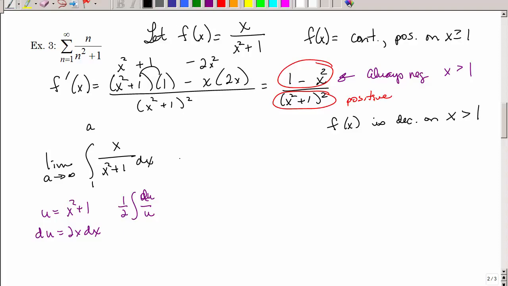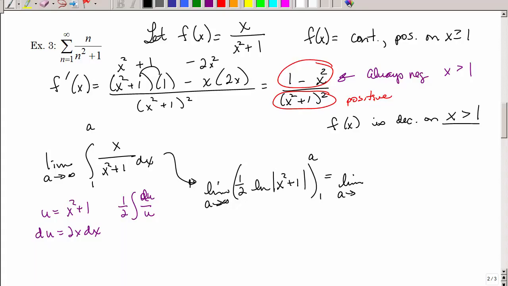So to finish this up, this is going to be the limit as a approaches infinity of 1/2 of the natural log. And again, I'm putting those absolute value bars, but you don't really need to because we're in positive land anyway. So we have 1/2 the natural log of a squared plus 1 minus the natural log of 1 plus 1.